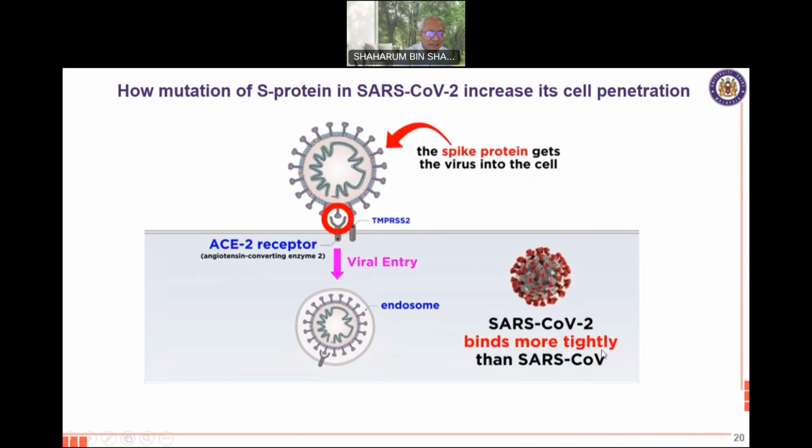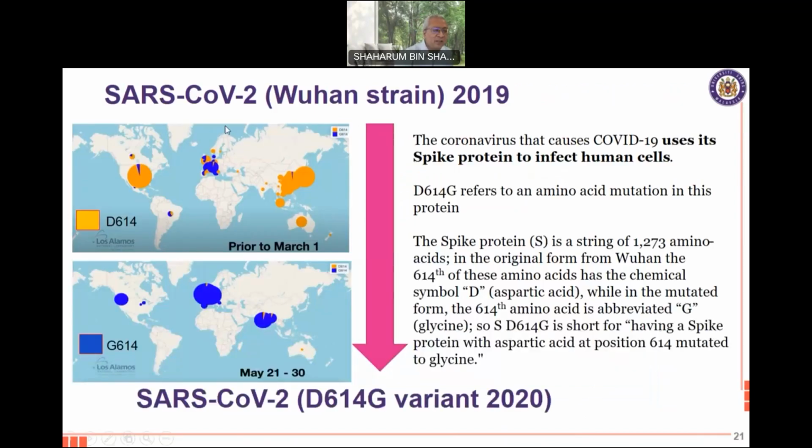It binds more tightly towards the receptor, which makes SARS-CoV-2 more fatal and also more transmittable compared to the previous strain variants. Okay, so you can see starting from December 2019, the Wuhan strain, how it evolved with mutations to become the D614G variant in 2020.